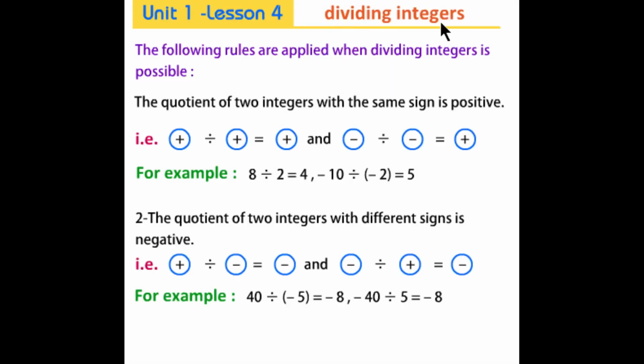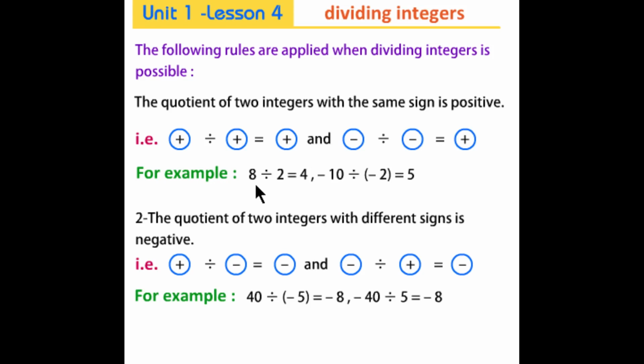Second, dividing integers. The following rules are applied when dividing integers is possible. 1. The quotient of two integers with the same sign is positive. That's to say, positive divided by positive equals positive. Negative divided by negative equals positive.